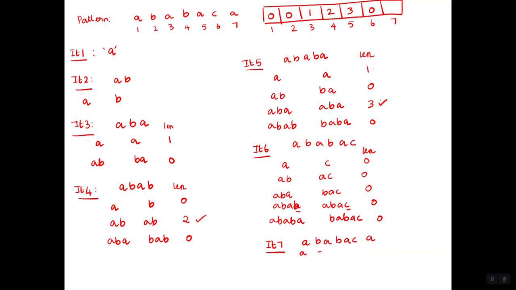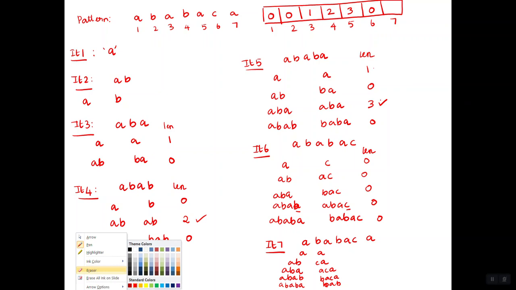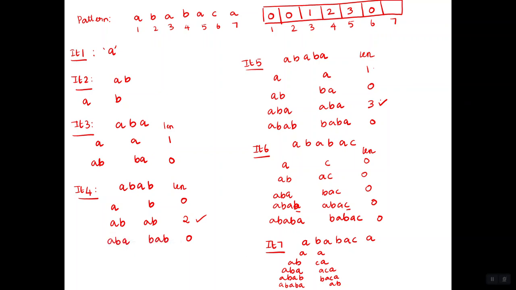So single character, double character, 3 characters, 4 characters, 5 characters, and finally 6 characters.